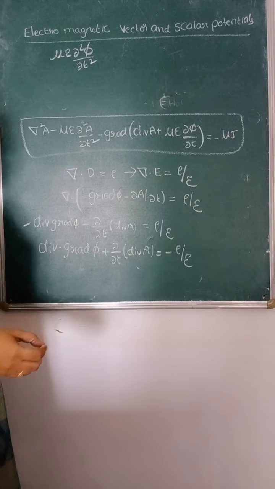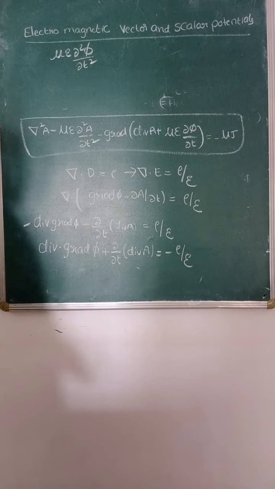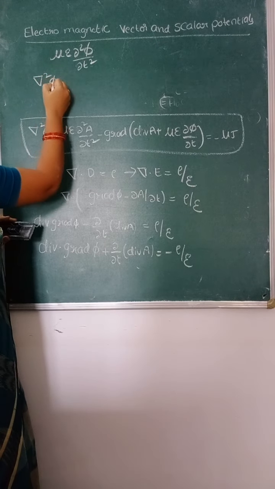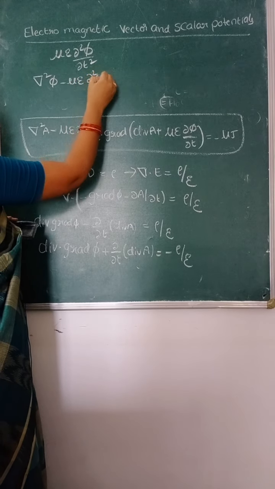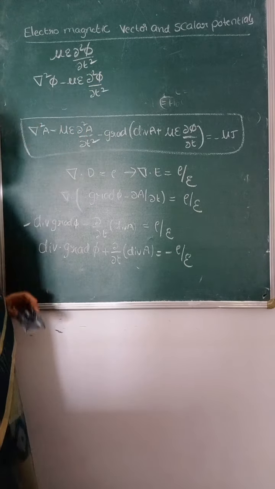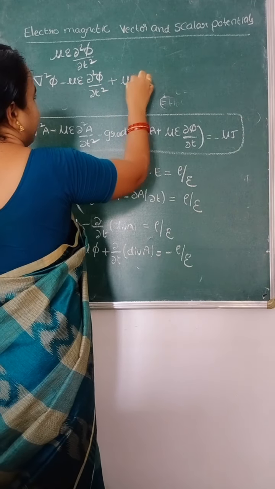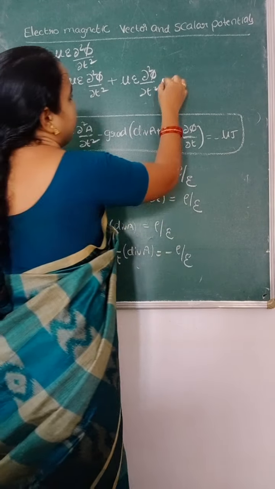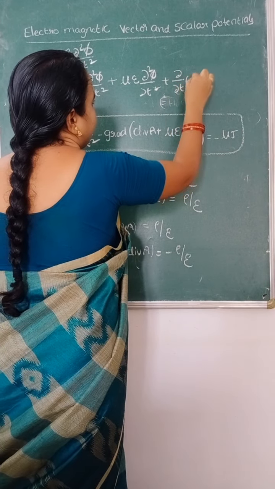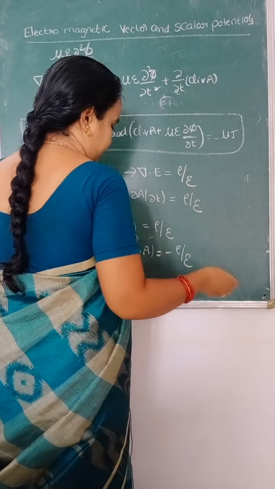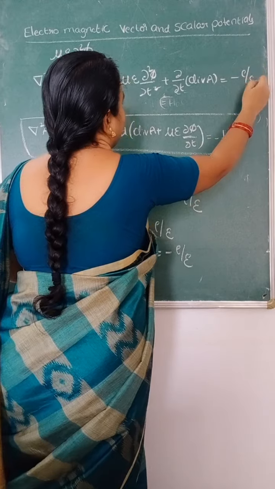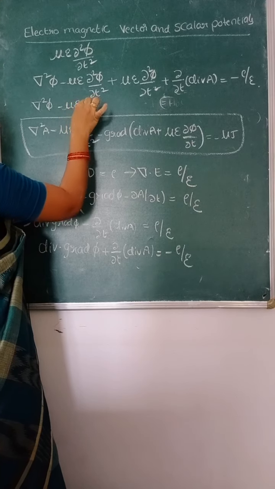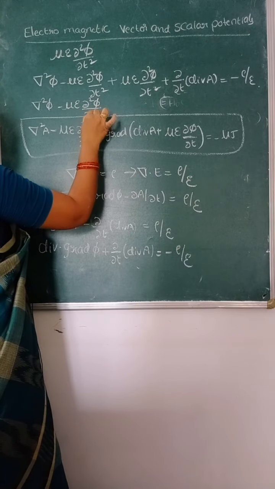On adding and subtracting mu epsilon dou square phi by dou t square, this term is del square phi minus mu epsilon dou square phi by dou t square plus mu epsilon dou square phi by dou t square, remaining term plus dou by dou t of divergence of A is equal to minus rho by epsilon, that is del square phi minus mu epsilon dou square phi by dou t square.